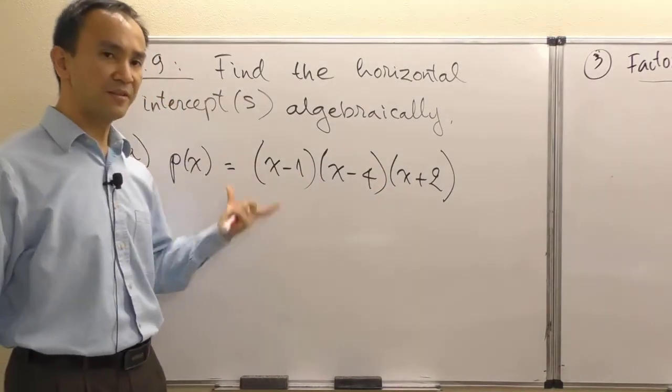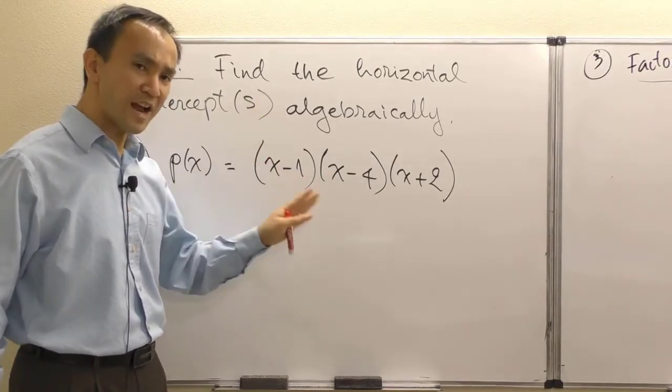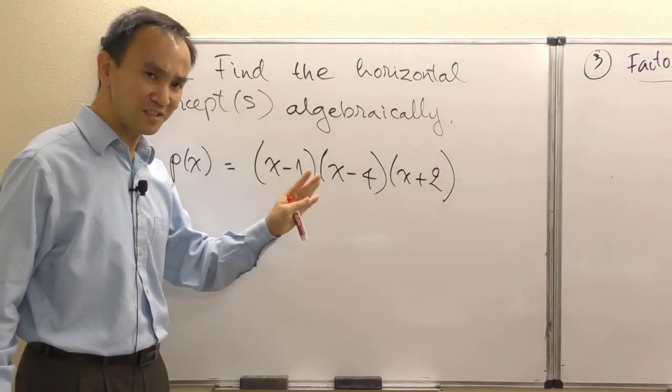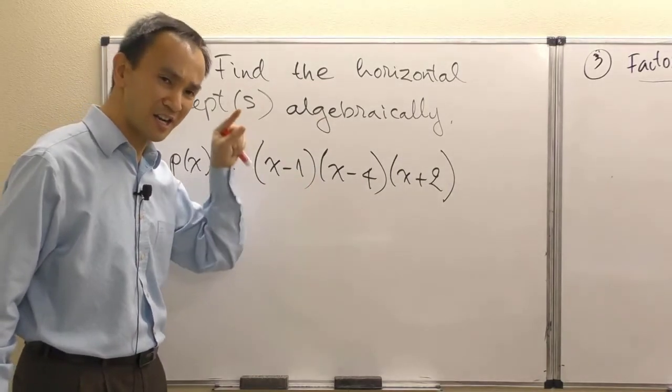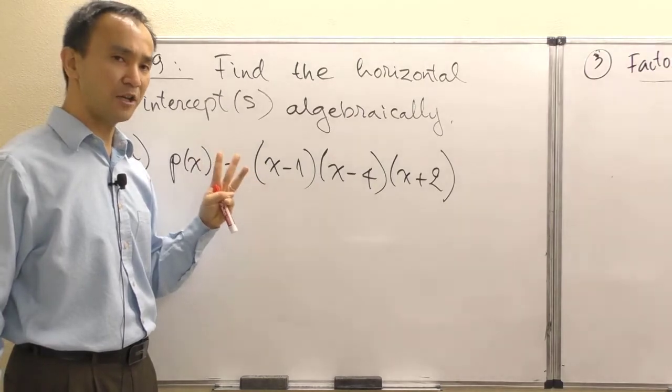So what we have here is a polynomial. The question did not ask for this, but this is something we should be able to know in the back of our mind up to this point of our learning. This one here is a degree 3 polynomial.